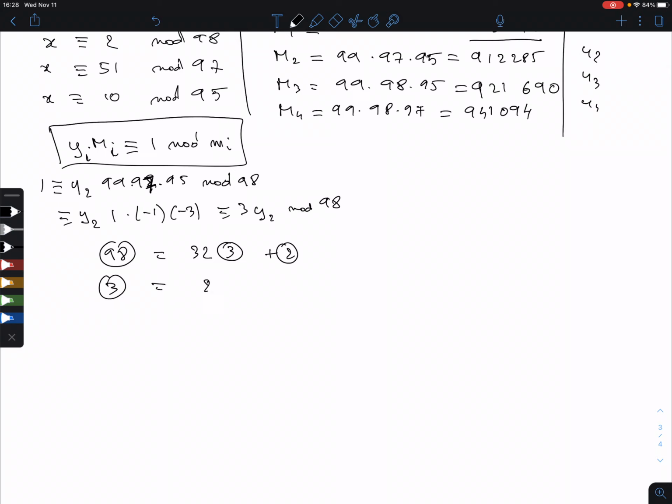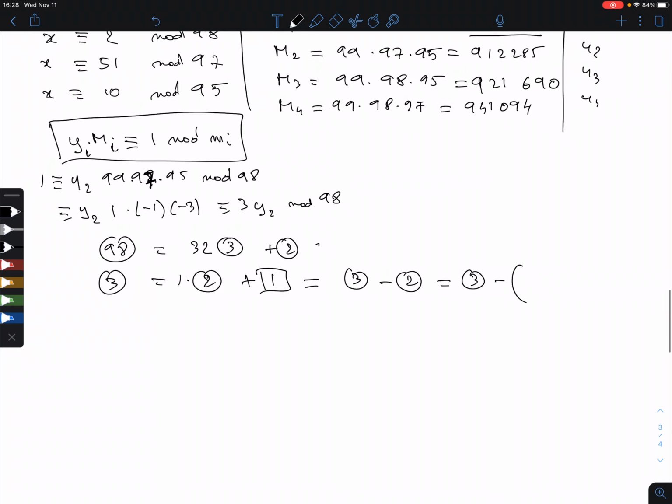This is something that goes very, very quick. Here is 1. So 1 is 3 minus 2, which is 3 minus, and then replace this 2 here, 98 minus 32 times 3. So this is 32 plus 1, 33 times 3 minus 98, which is indeed 1.